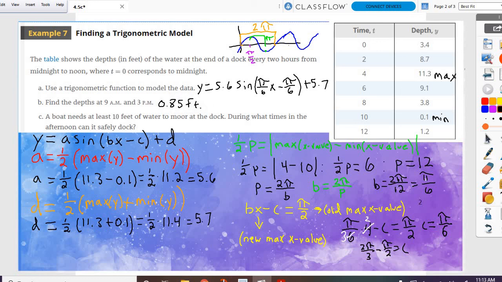for your first answer. And then for the second one, be careful. You don't want to plug in 3, because notice that 3 would represent 3 a.m. I don't want 3 a.m. I want 3 p.m. So we would need to plug in 12 plus 3, because we've gone 12 hours plus an additional 3 hours.